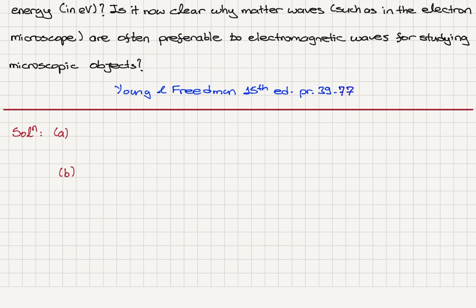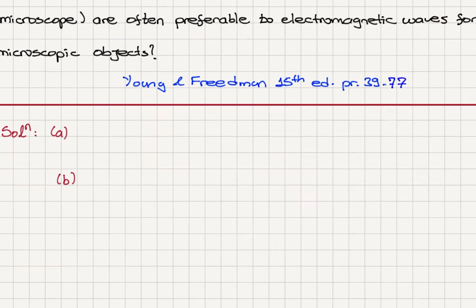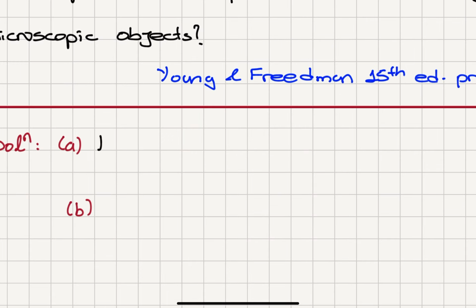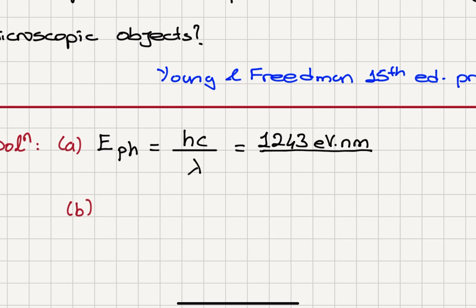Okay, so in part A, we're calculating the energy of a photon that has 5 nanometers wavelength. The energy of the photon is hc divided by lambda, the wavelength, which is 1243 electron volt nanometers divided by the wavelength in nanometers.